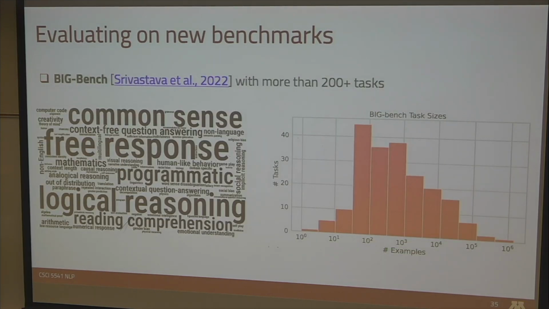And in a more general purpose setting, BIG-bench incorporates 200-plus tasks, and they range from traditional NLP tasks like reference resolution and named entity recognition, to more reasoning or behavioral tasks like common sense reasoning, analogical reasoning, causal reasoning, human-like behavior, those kinds of things.